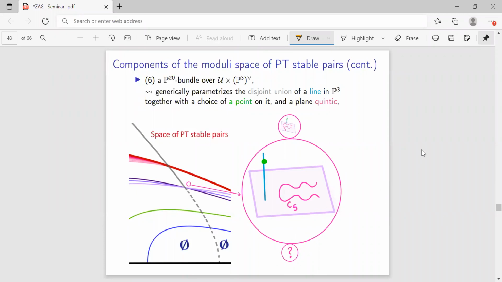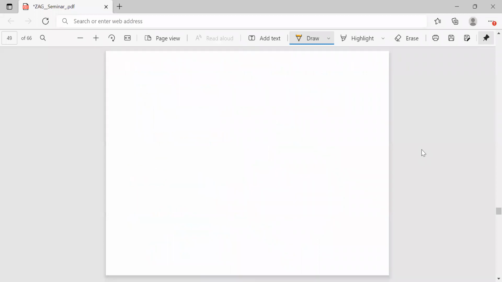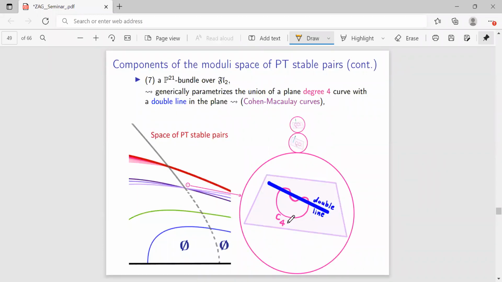And the third component after this wall is a bit different. It is a degree 4 curve in the plane and a double line; generically this parameterizes this. And this is a P21 bundle over FL2.